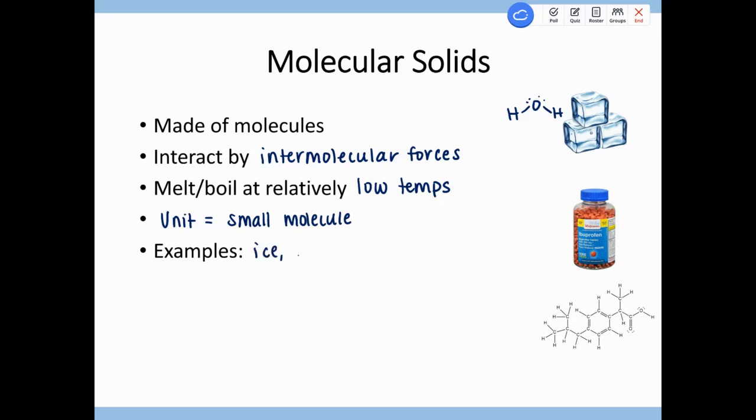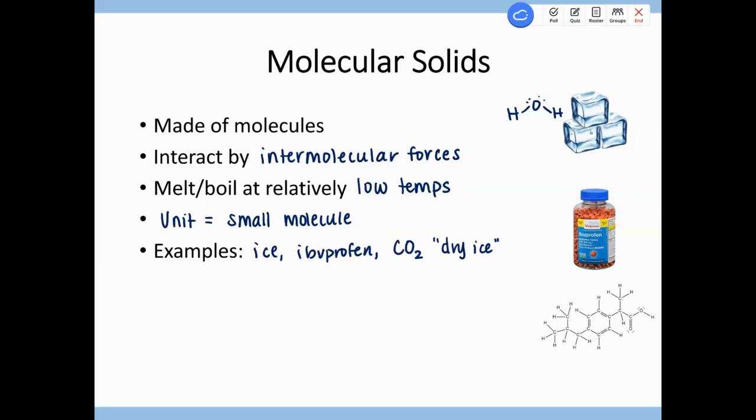Examples on the slide: we have ice, ibuprofen, carbon dioxide or dry ice as a solid. This is a molecular solid. There are plenty of others, but we'll just list those 3 on this slide. All right.